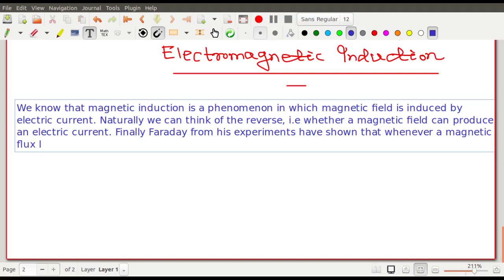linked with a closed circuit changes with time, an electric current is induced in it. Magnetic flux means nothing but the magnetic field associated with it.